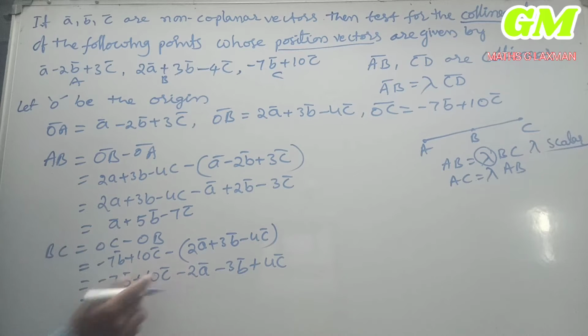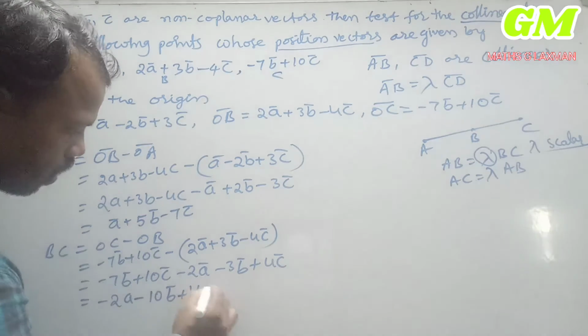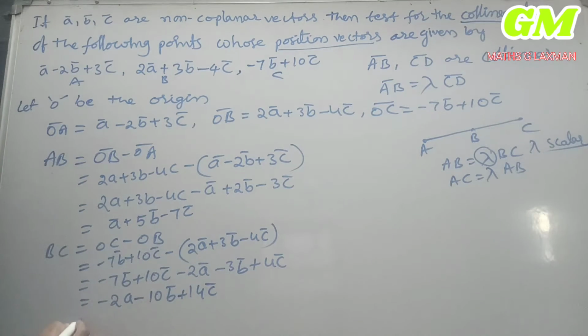A is not there, so minus 2A as it is. Here 7B plus 3B, so minus 10B, and minus 10 plus 14, so 14C. Which one can we take as common? Minus 2. Taking minus 2 as common, we get A plus 5B plus 7C.